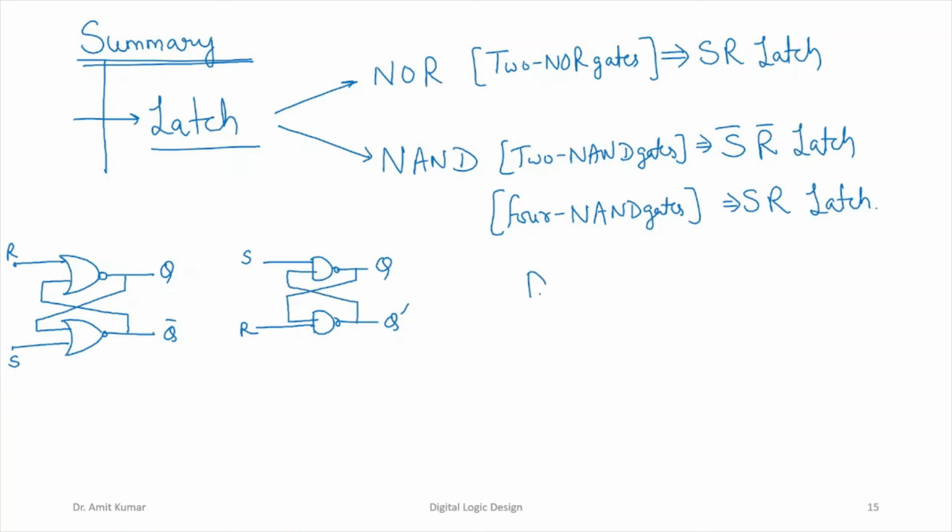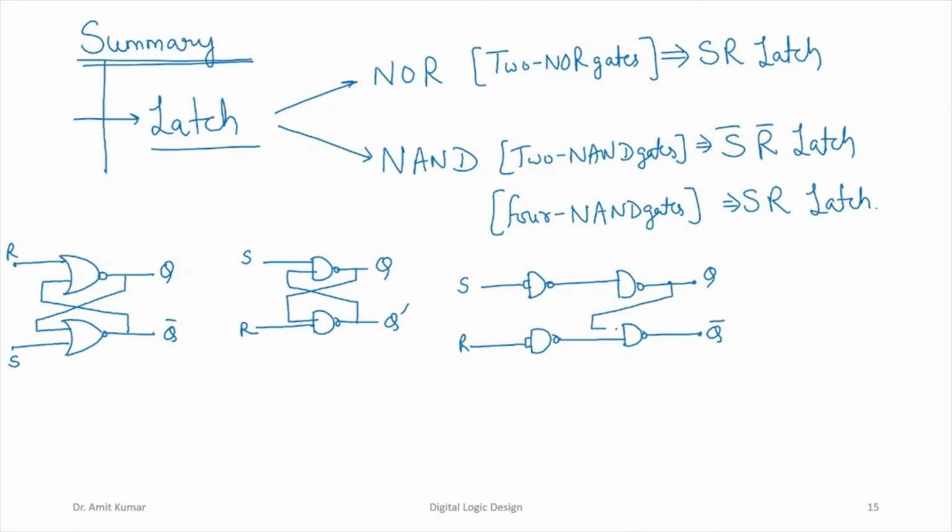This is the implementation using four NAND gates. If we are not using the control signal, we can represent it as S, and we can represent it as R. The output will be provided to this NAND gate, and to this NAND gate. This is the output Q. This is the output Q bar.